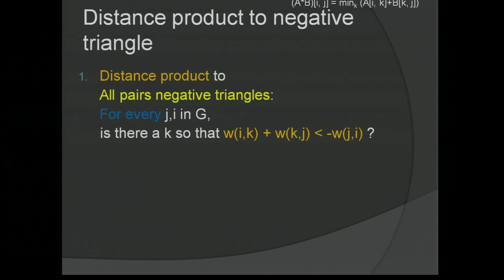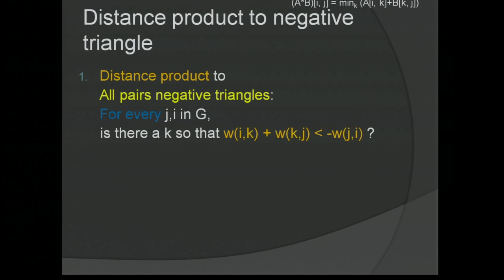We'll call it all pairs negative triangles, and in this problem, we want to know for every pair of nodes i and j, are they in some negative triangle? So is there k such that the sum of the weights w_ik, w_kj and w_ji is actually negative? I wrote it in this funny way for a reason, and you'll see in a little bit, but it's the same thing.